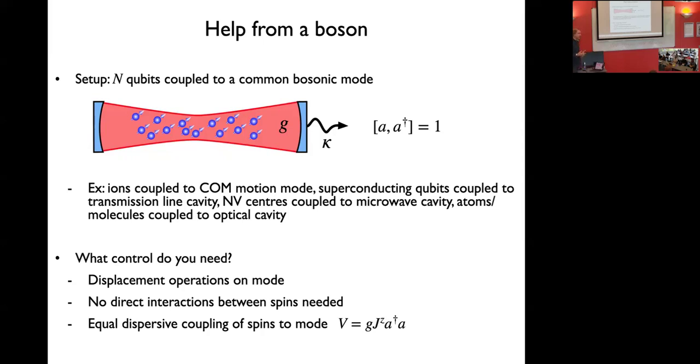The kinds of control we need are displacement operators on the mode. And we do not need direct interactions between the spins, but we will need dispersive coupling between the spins and the mode. So this forms number operator times JZ.